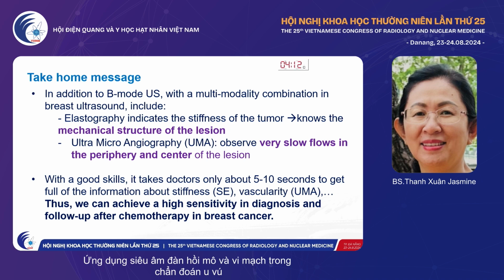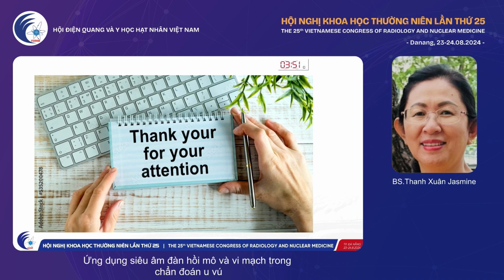With good skill, it takes the doctor only about 5 to 10 seconds to get the full information about stiffness and vascularity, so we can achieve high sensitivity in diagnosis and follow-up after chemotherapy in breast cancer.